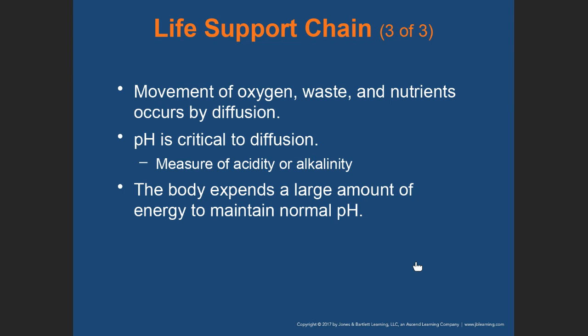So the movement of oxygen, waste, and nutrients occurs by diffusion. pH is critical to diffusion. Again, pH represents the power of hydrogen. If we have too much hydrogen, the body becomes acidic.